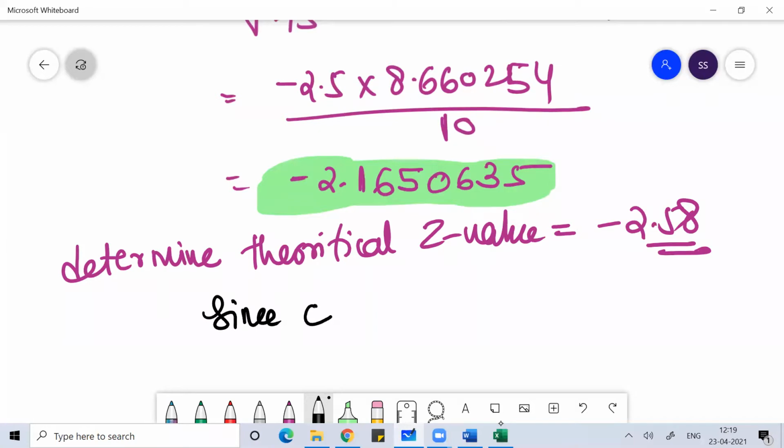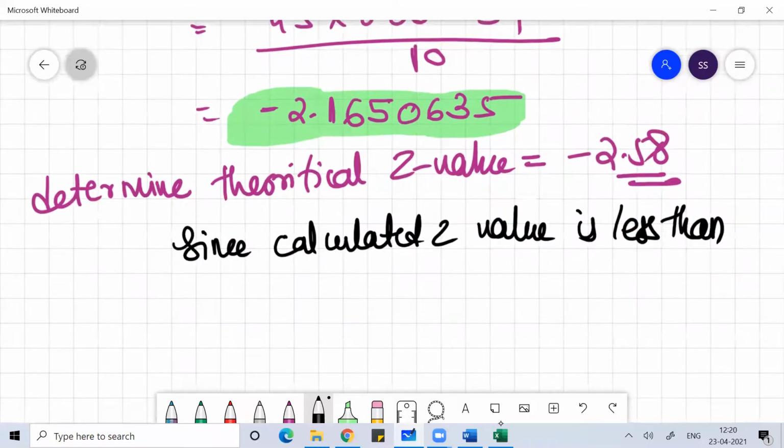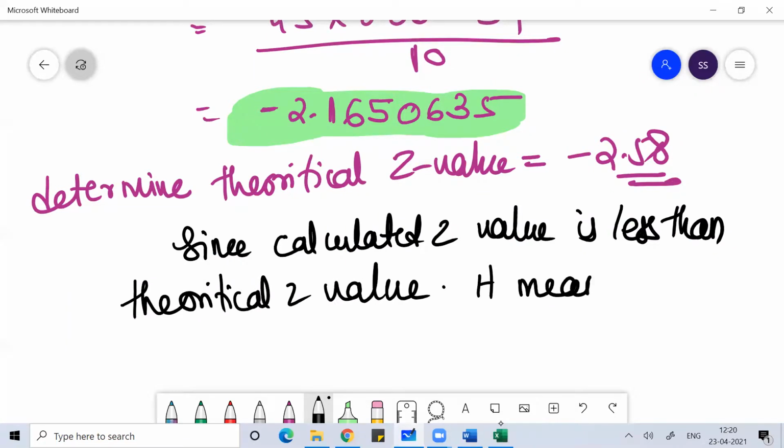Now, since our calculated Z value is less than the theoretical Z value, it means we will not reject the null hypothesis.